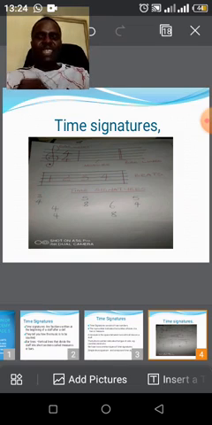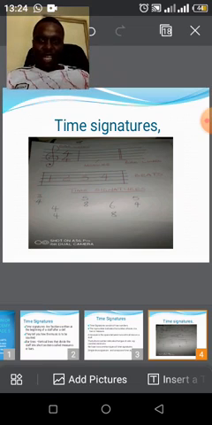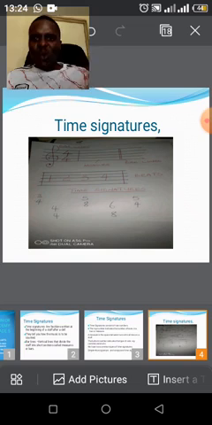Remember, we said a crotchet is a quarter note, a minim is a half note, a quaver is an 8th note, and a semiquaver is a 16th note. A semibreve is the mother note. The mother note, we may also call it a whole note. You should know that a semibreve is the mother note or a whole note.